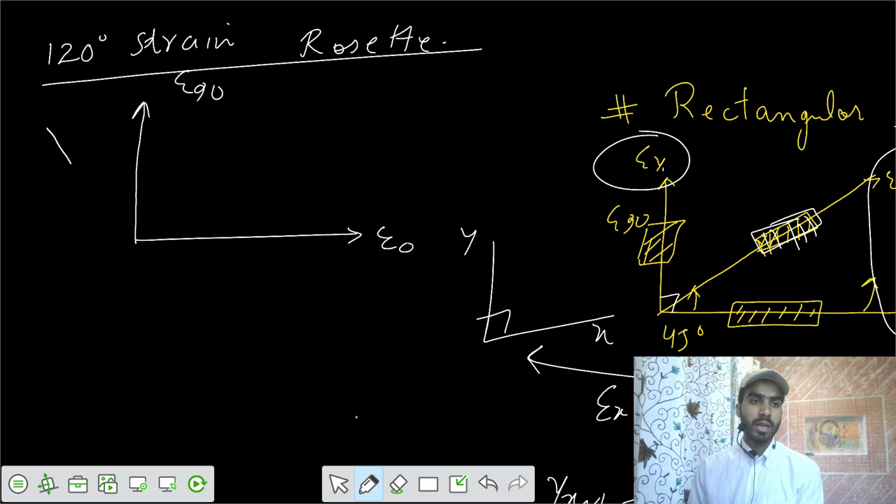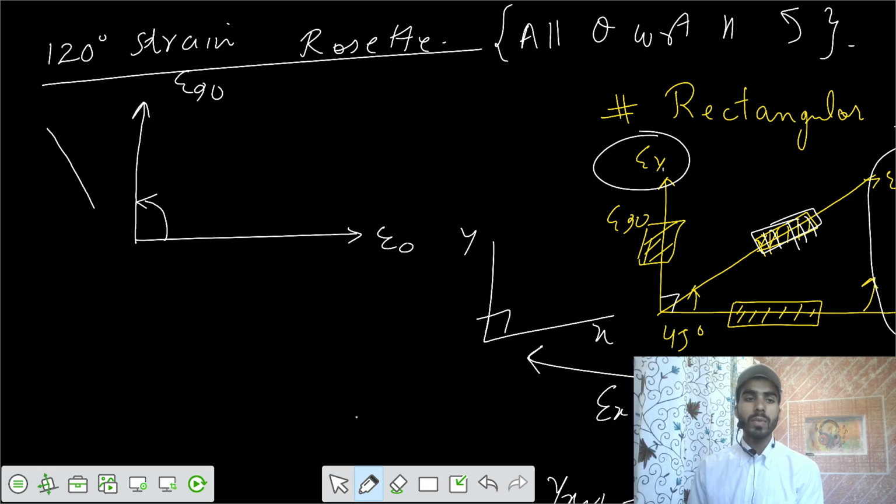All angles are with respect to horizontal, anti-clockwise. So this is E90, and after that this is E120. This angle is 120 degrees, and this is our strain gauge.